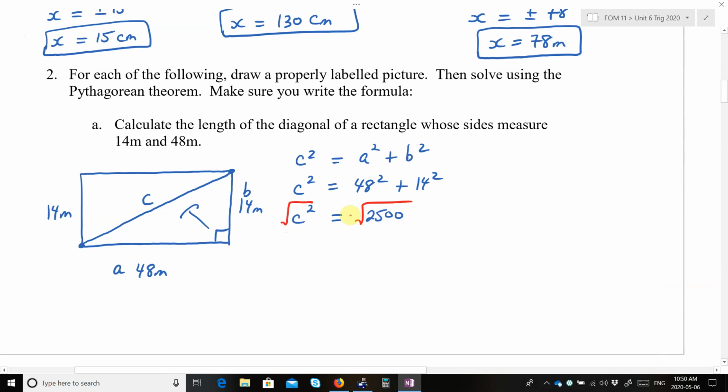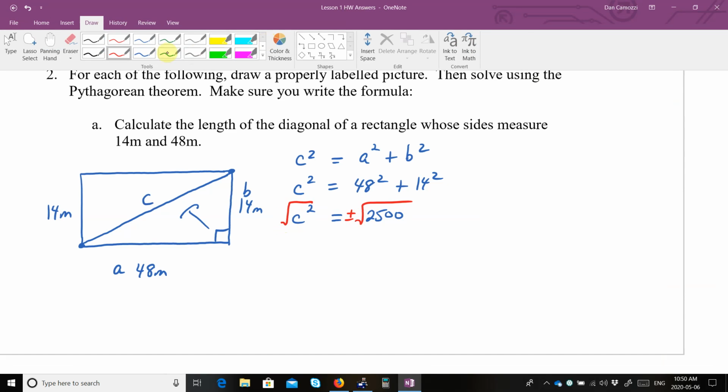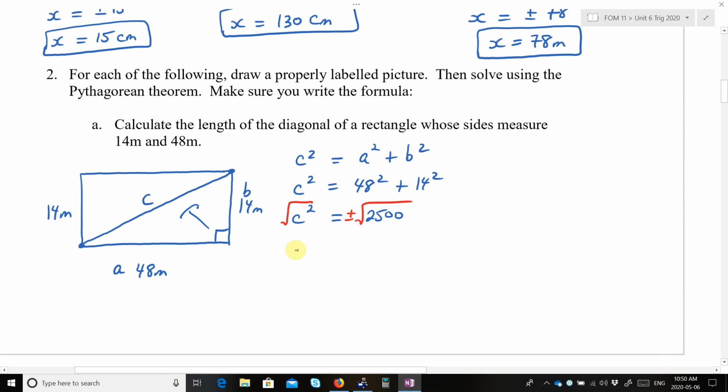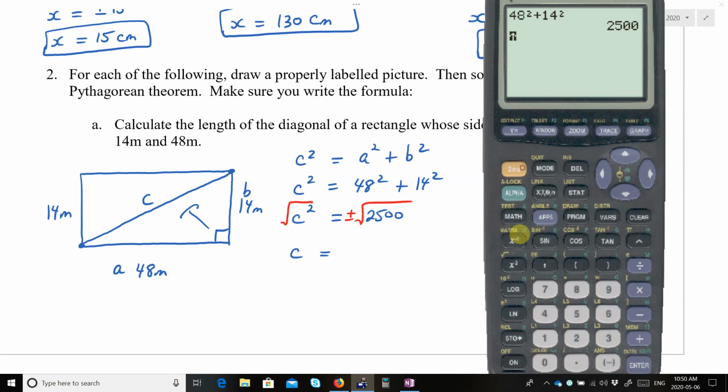And go square root, square root. Square root of C squared is C. Square root of 2,500 is 50.